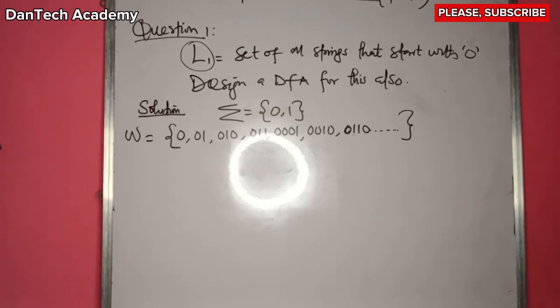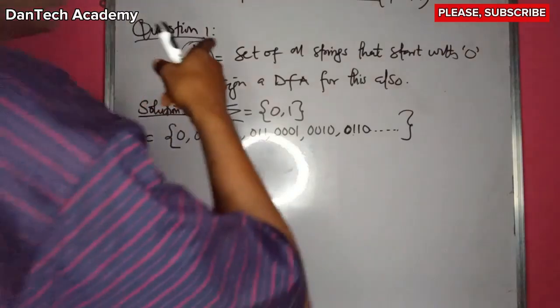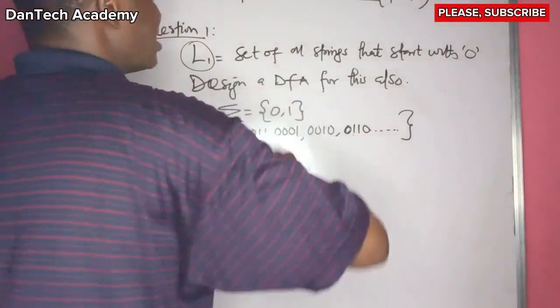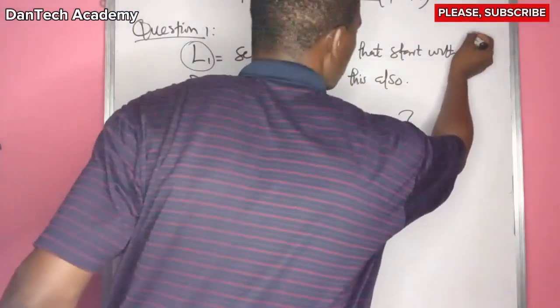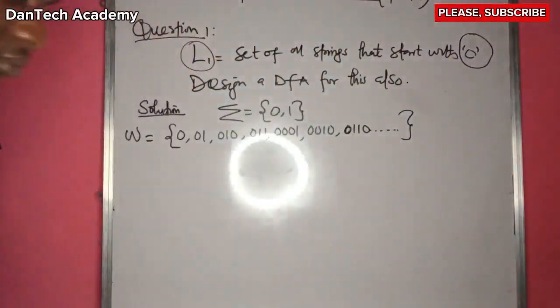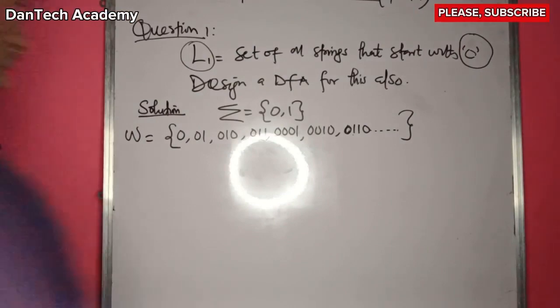How do I know which input gives me the permission to move to the next state? Look at that. There is an instruction there that says set of all strings that begin with 0. That means we have to look out for strings that begin with 0.